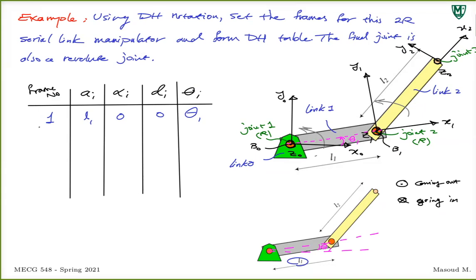Do the same thing for the second frame, link number 2. A2 is the distance between z1 and z2 along x2, and that distance is L2.